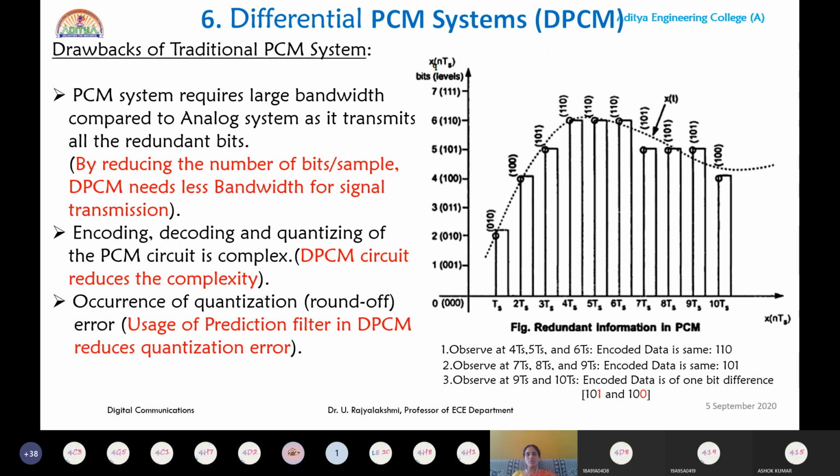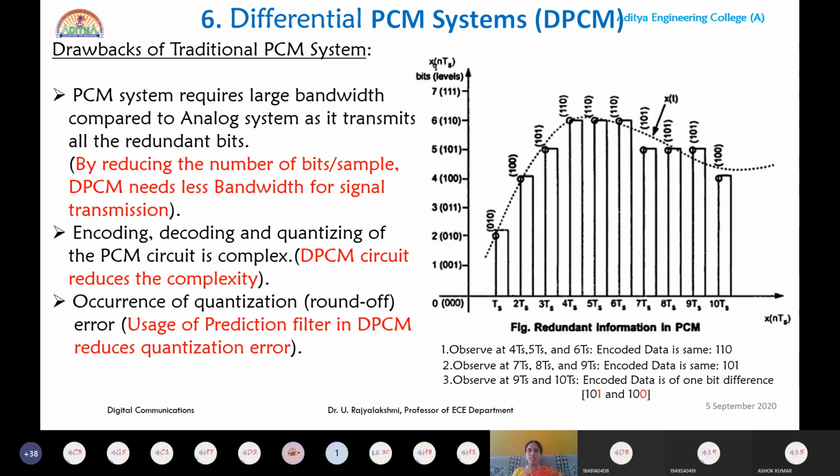Now, please observe the third point, at samples 9TS and 10TS. At 9TS the magnitude is 101 and at 10TS the magnitude is 100. There is only 1 bit difference, in the LSB.